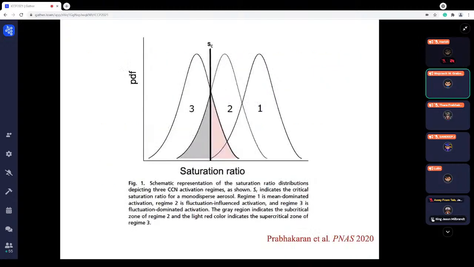Let me remind you, you know this picture, you've seen it before, Raymond showed it. If this is a single CCN, this is the activation supersaturation. Depending on where the fluctuations are, you may have either all fluctuations result in activation or only some.